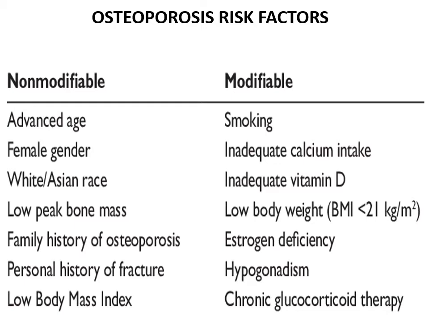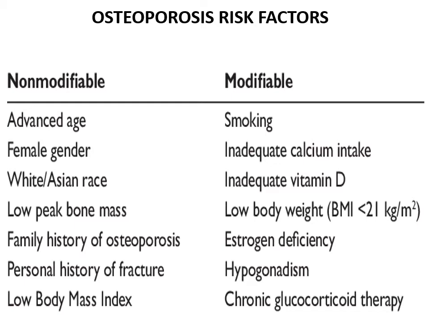Family history of osteoporosis, definitely, often because you'll have a similar skeletal frame as your parents. Okay, so there is a family history component to osteoporosis. Personal history of fractures.